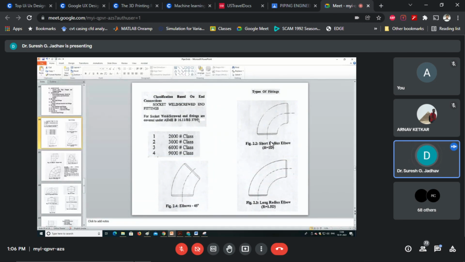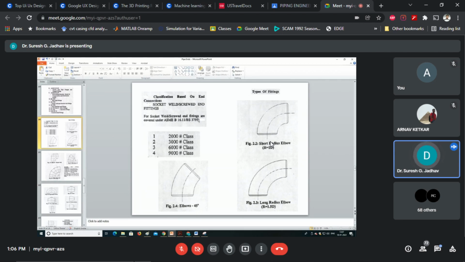This is the purpose of using different kinds of fittings in piping systems.